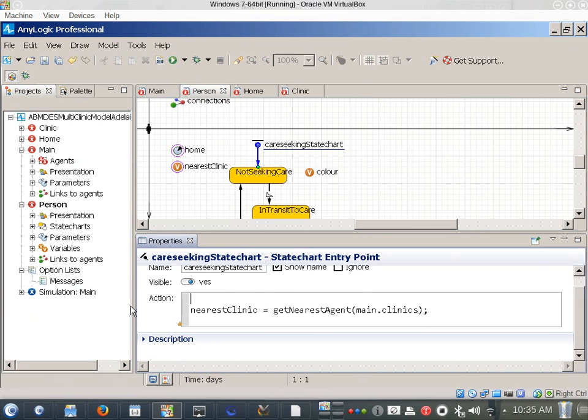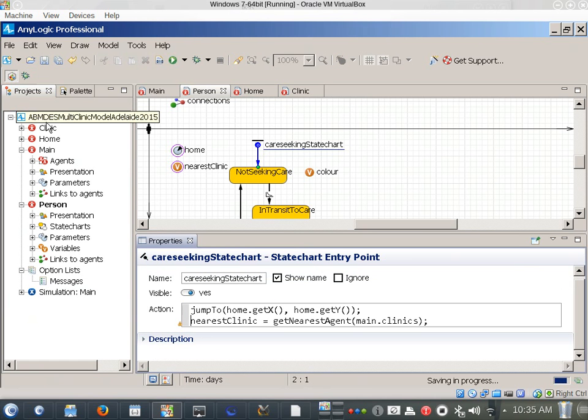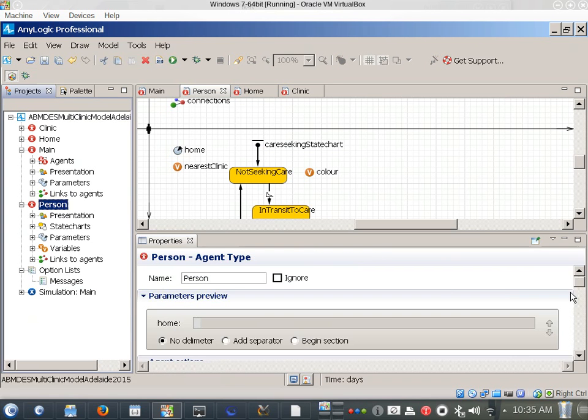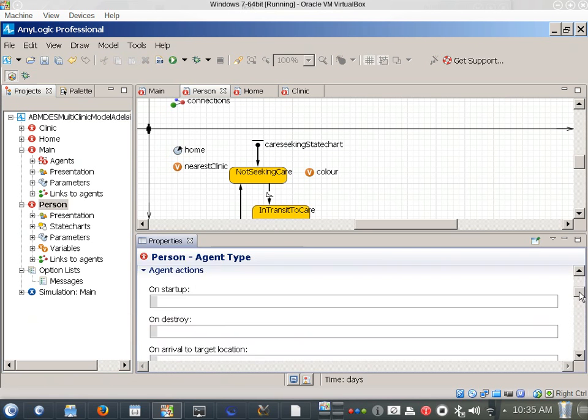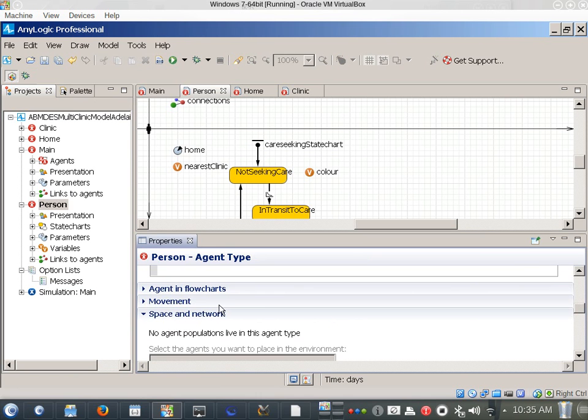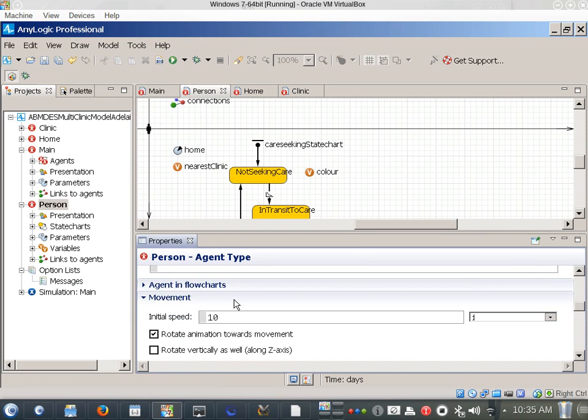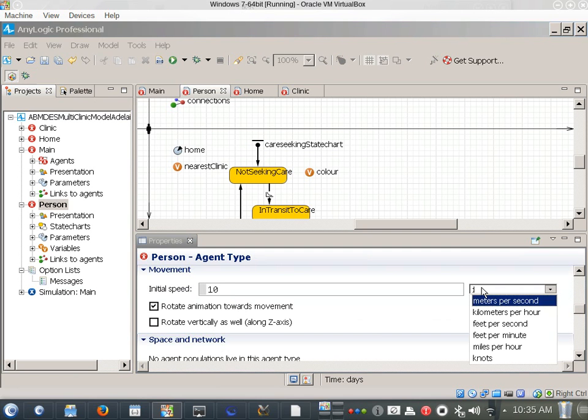This is something that changed between AnyLogic 6 and 7, and hence I'm being troubled by it. So under person, person movement, initial speed. There we go. We could set this, and this is in meters per second.